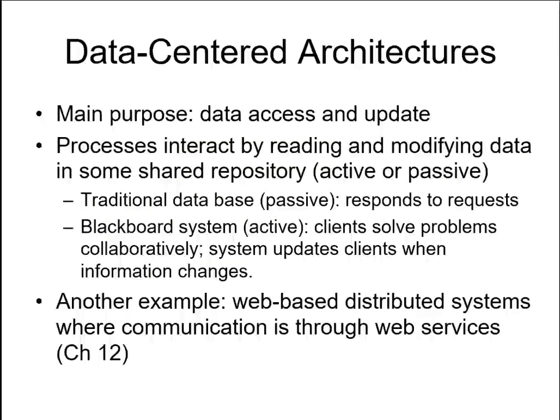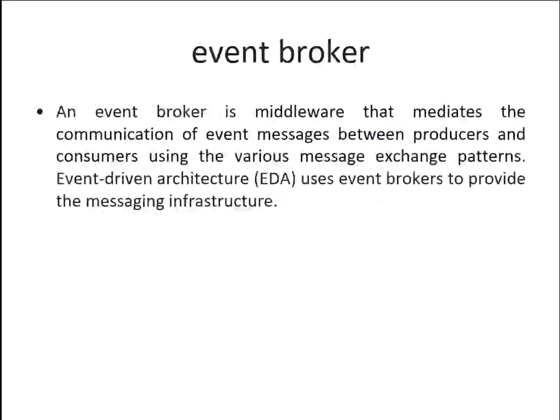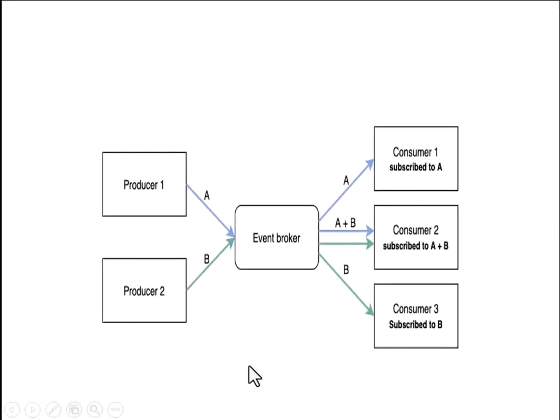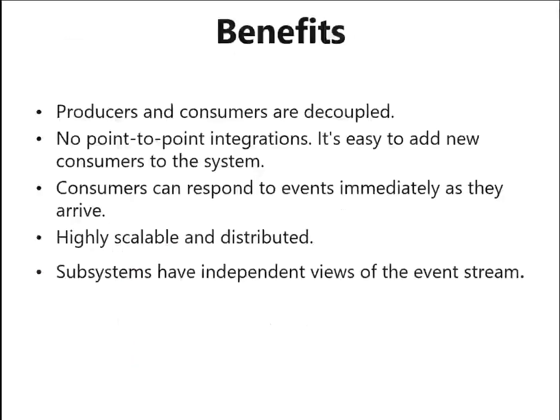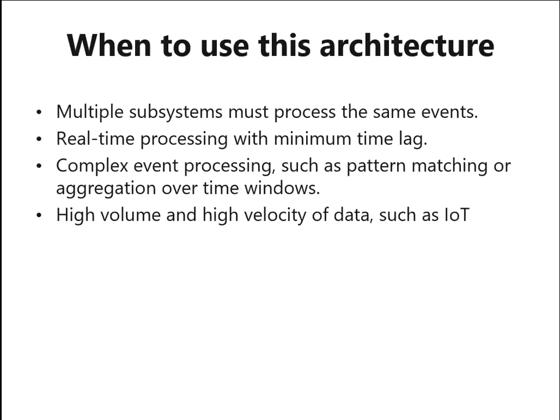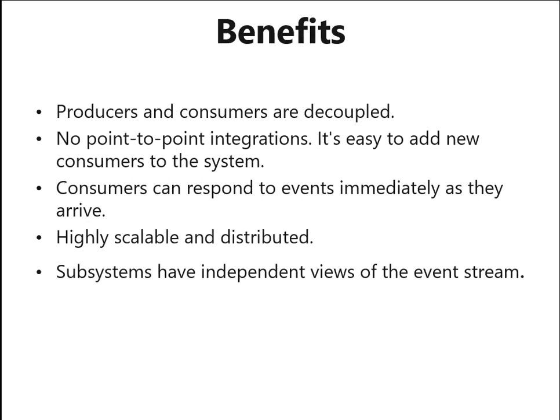If we used a centralized repository here, it would mean that producer 1 could see producer 2's data, which is meaningless here. IoT systems communicate abruptly and continuously, so the time lag is small and the data passing is huge, so the best option is to use the event-driven architecture.